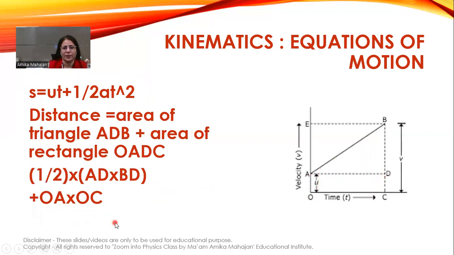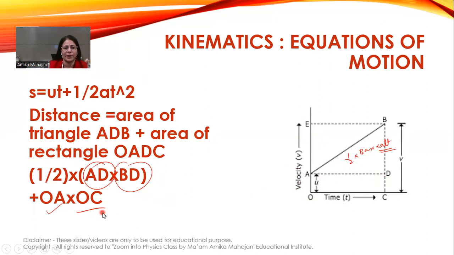So when I put the values, we know that the area of a triangle, it is a right angle triangle, will be half into base into altitude, or you can say height. And base is AD, so half into AD into height BD, plus area of rectangle, length into breadth. Length is OC and breadth is OA.